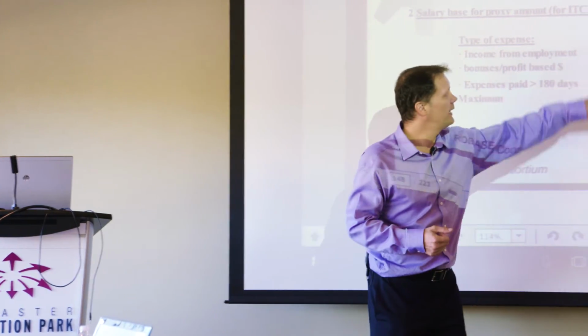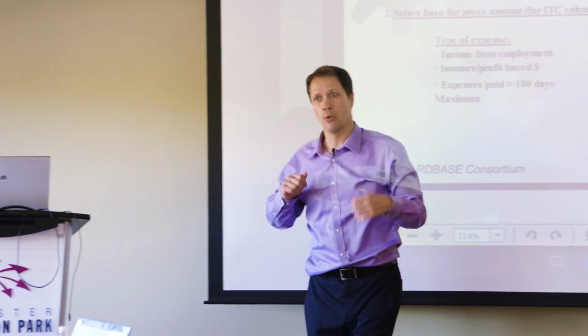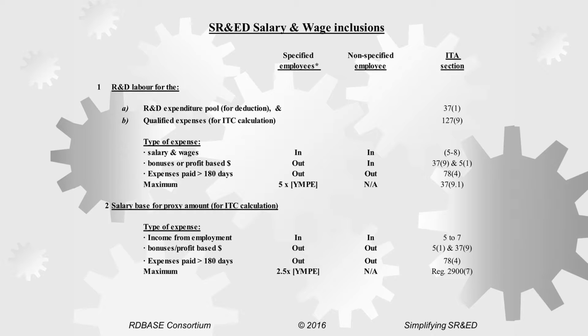I mean, the point being that owner managers are more likely to bonus out income or pay excess income to themselves as opposed to other employees, right? So they don't really want to pay you on bonuses. What I say here is this really turns the whole tax planning on a more proactive basis. If I have an owner manager who's involved heavily in SR&ED and then paying themselves huge bonuses at the end of the year that don't count, I say I missed an opportunity here.